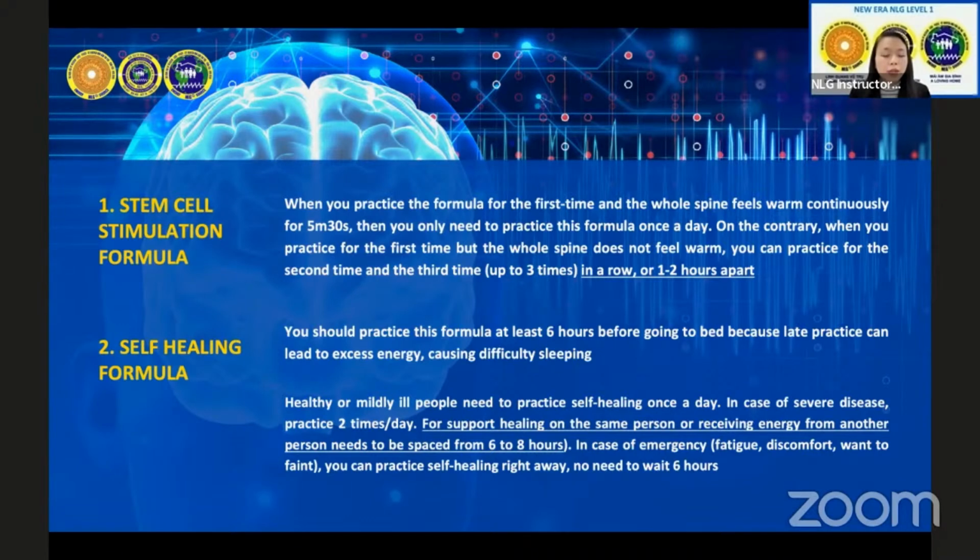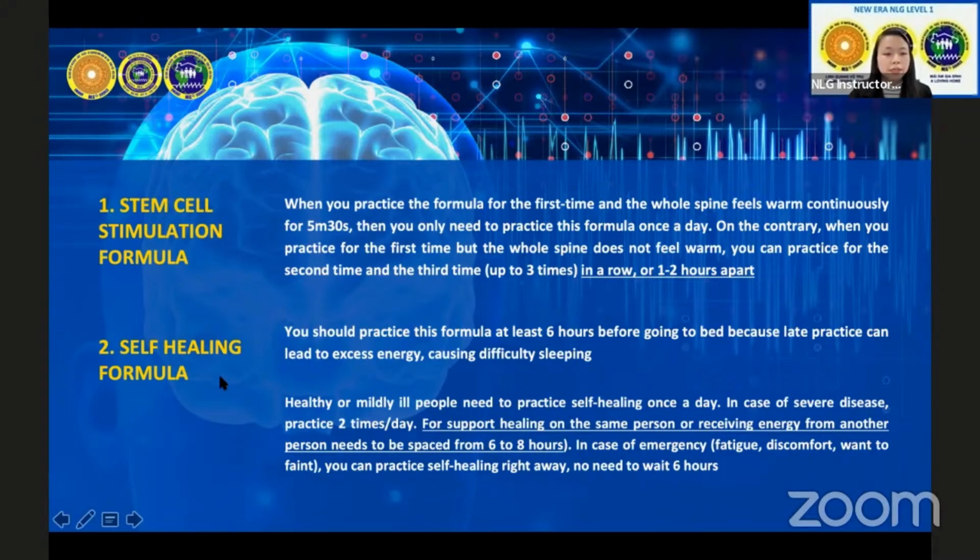But if you practice for the first time and the entire spine doesn't feel warm, then you can try to practice a second time and a third time. So maximum 3 times in a day. You can practice it in a row, one after the other immediately, or you can do that 1 to 2 hours apart. So that's the stem cell stimulation formula.